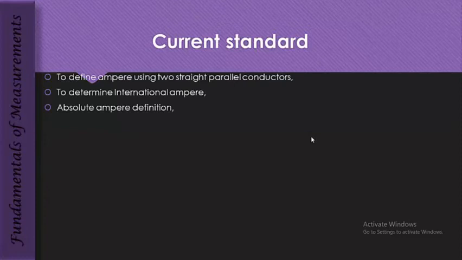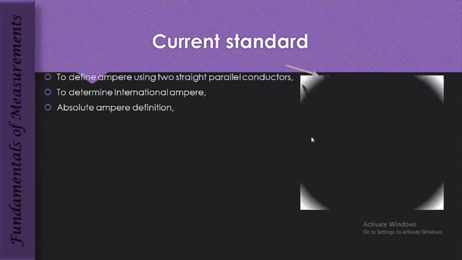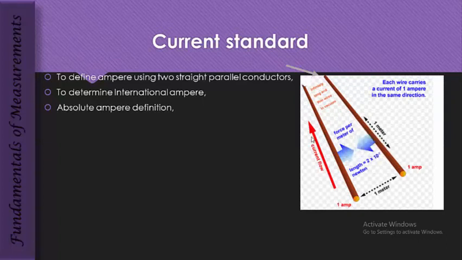Initially the current standard was defined using this particular experiment. They took two parallel straight conductors, kept at a distance of 1 meter, and these two parallel straight conductors were of infinite length, in a vacuum.